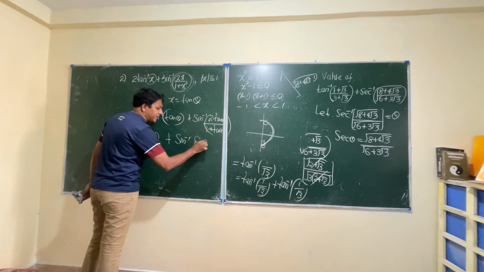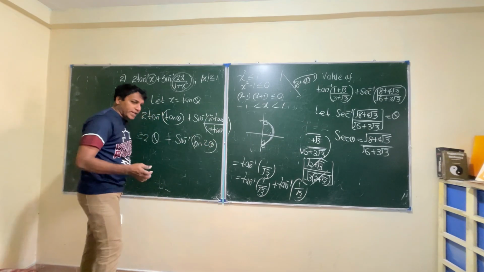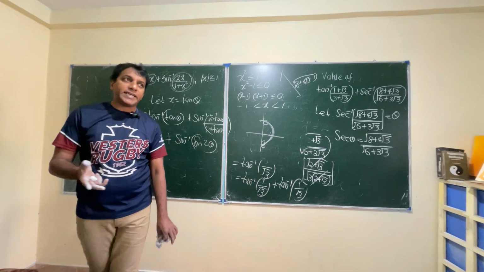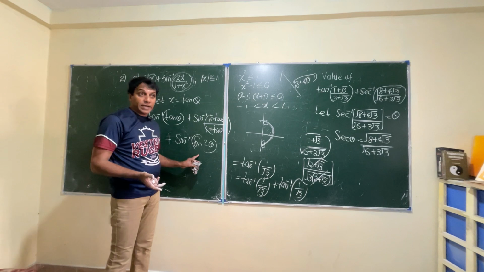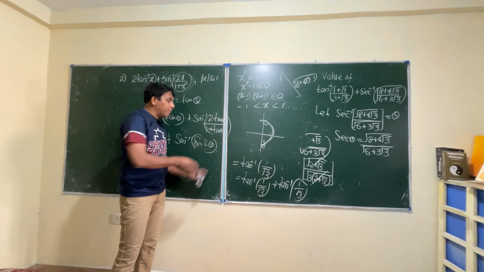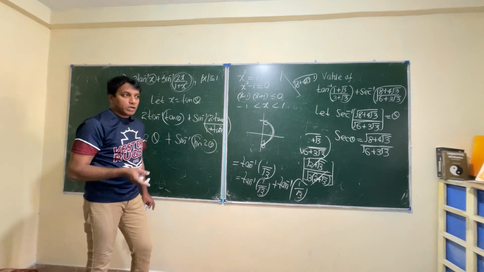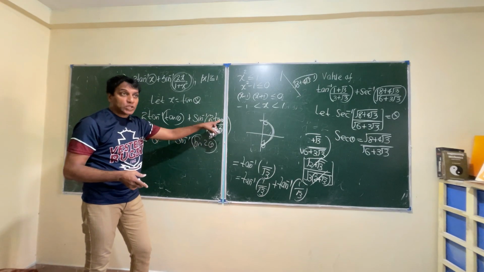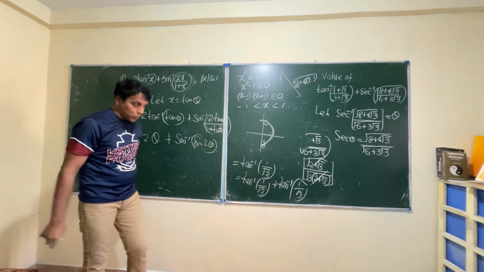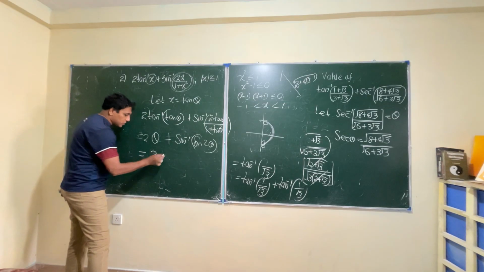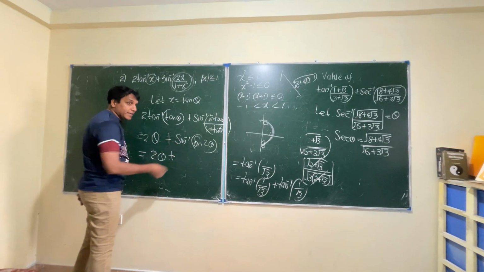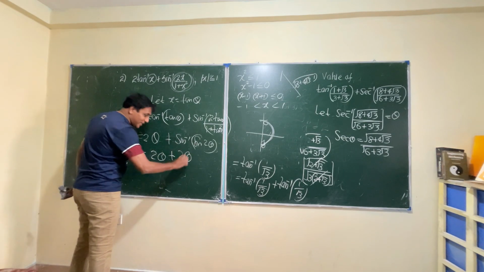Because sine 2 theta is 2 sine theta cos theta, or in terms of tan, 2 tan theta over 1 plus tan square theta. What is cos 2 theta? 1 minus tan square over 1 plus tan square. Okay, so sine inverse sine 2 theta is 2 theta.